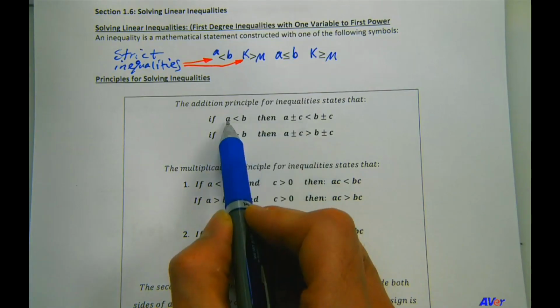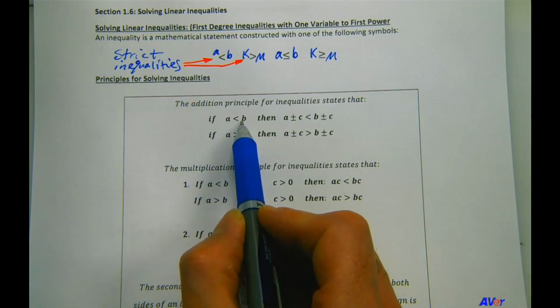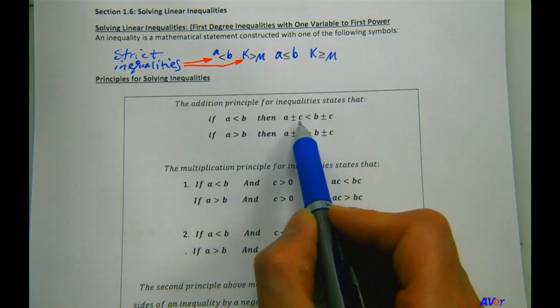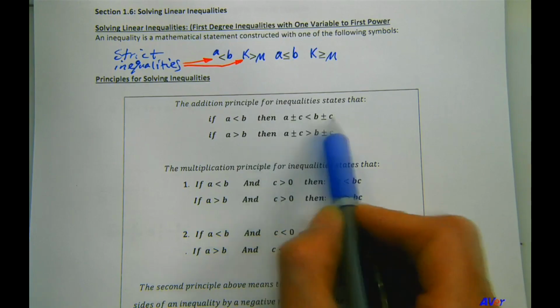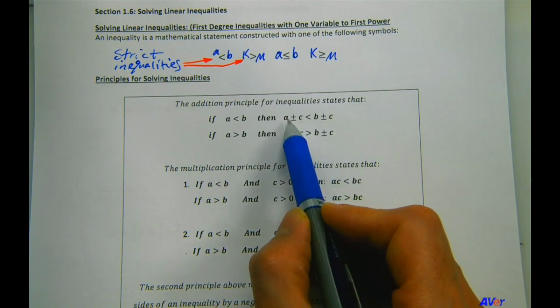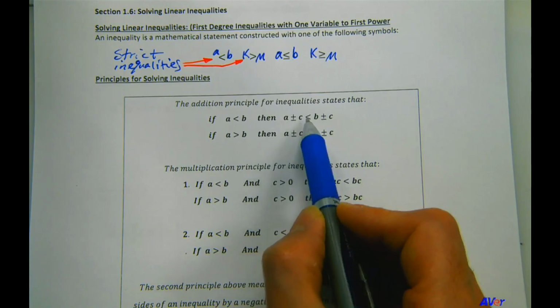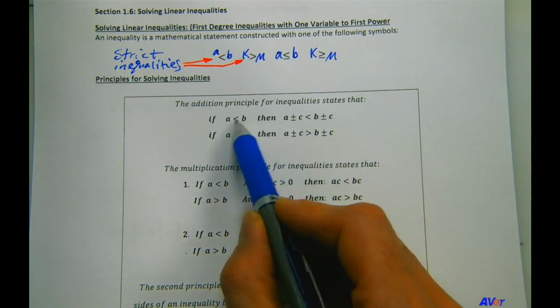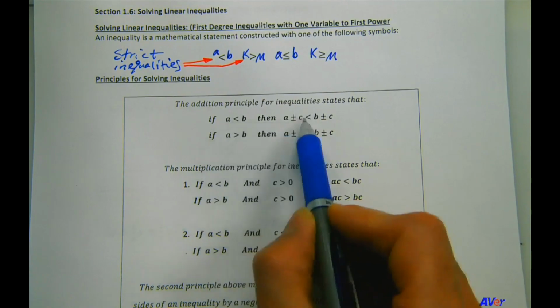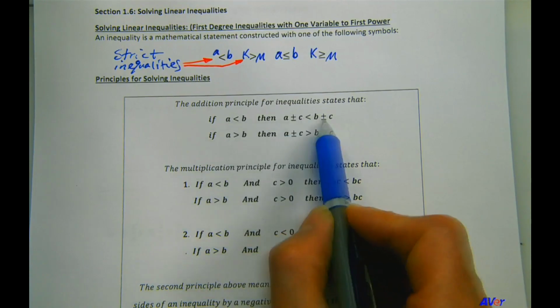So if you start with A less than B, then A plus or minus C is still less than B plus or minus C. The left side is still going to be less than the right side.